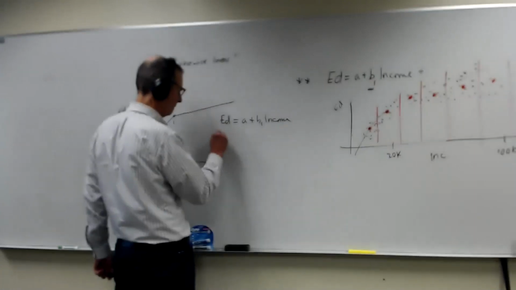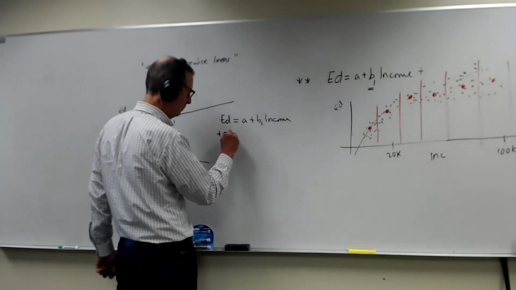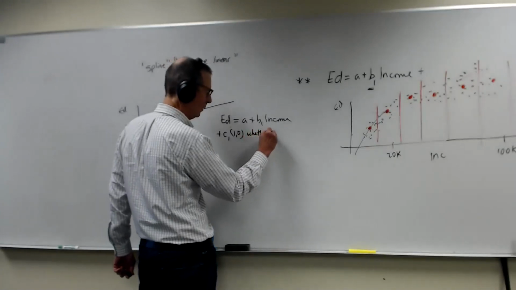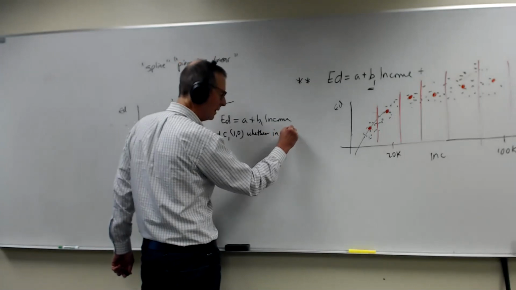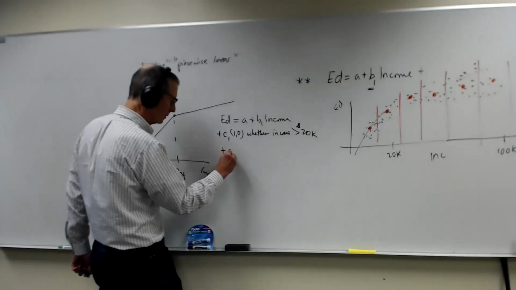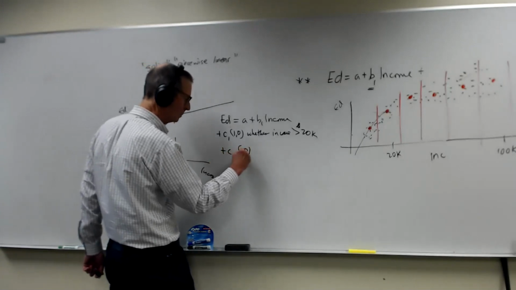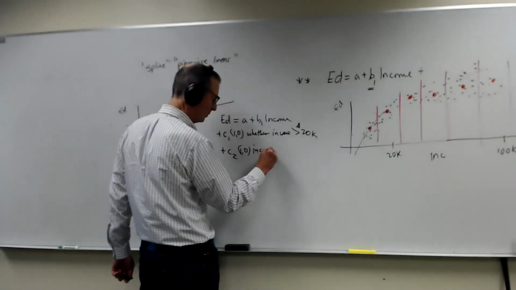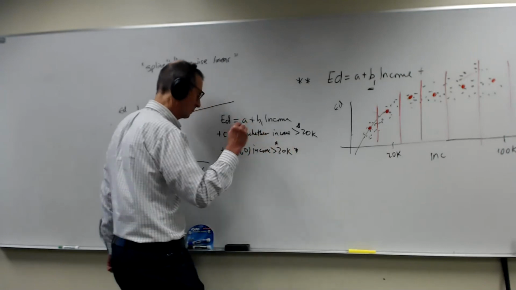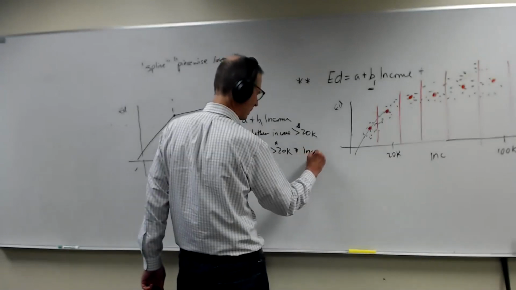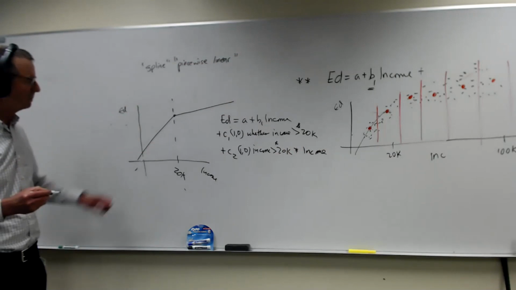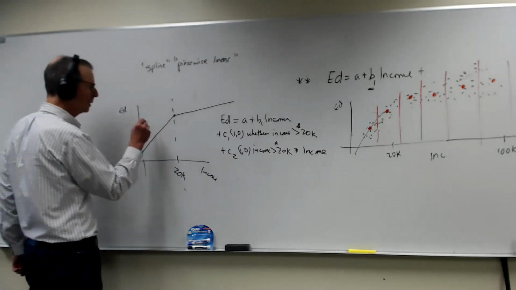But now say it's also a function of a 1-0 indicator, whether income is above 20,000, plus this 1-0 income above 20,000 times income. It turns out you get exactly this kind of functional form.